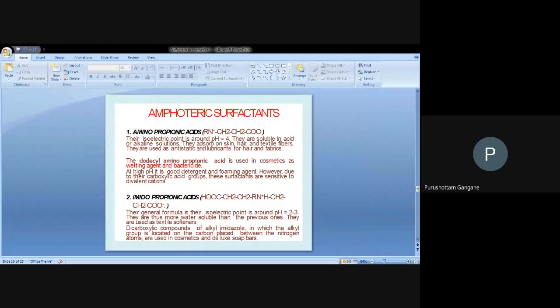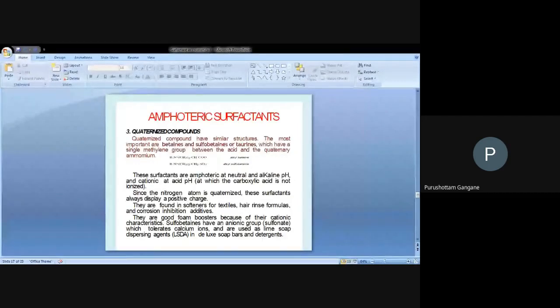So due to their adsorbent property, they are used as antistatic agents. Antistatic agent means they neutralize the static charges produced on the surface of the material. So they are called antistatic and they also act as a lubricant. Imidopropionic acids are also used as textile softeners. Okay, so both, apart from the cosmetic industry, are also popular in the textile industry.